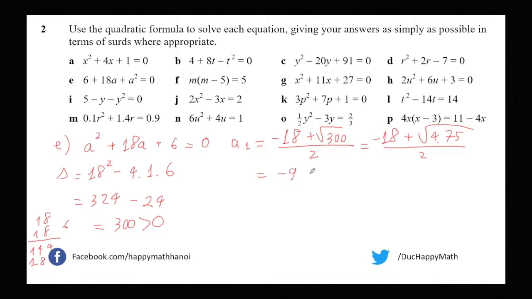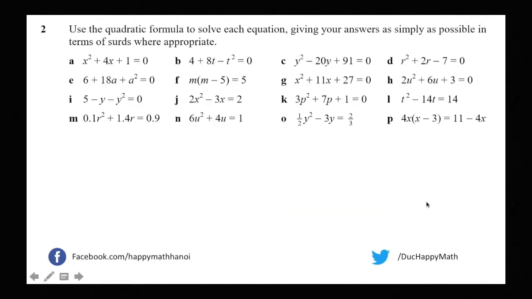Yes, it is minus 9 plus the square root of 75. And a2 will be equal to minus 18 minus the square root of 300 divided by 2. This one is minus 9 minus the square root of 75. Okay, question E is not too difficult.